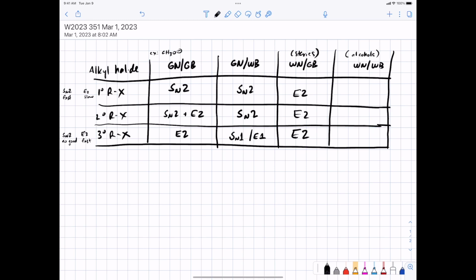And then lastly, if you have something that's a weak nucleophile and a weak base, nothing happens until the leaving group leaves, and then you get SN1 and E1.